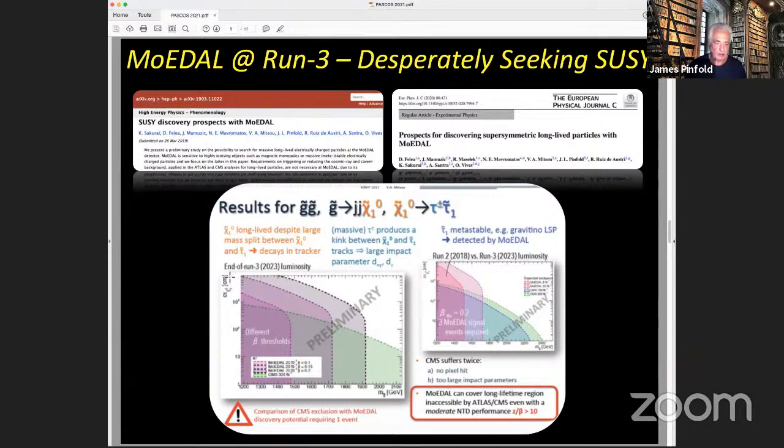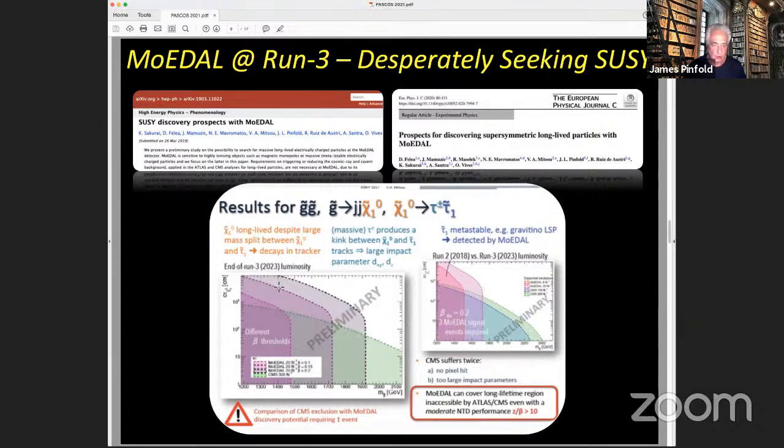And if we look at the c tau for the neutralino here and the mass of the gluino on the x-axis, this is GeV, we can see the search results for these various contours of the search results using SUSY, and this is the search result from a CMS analysis.